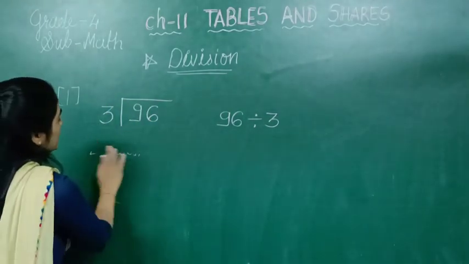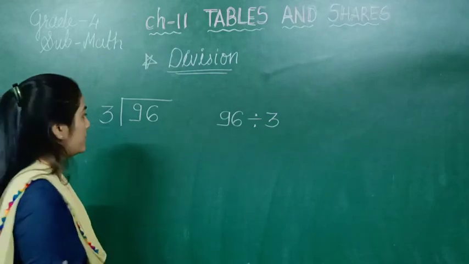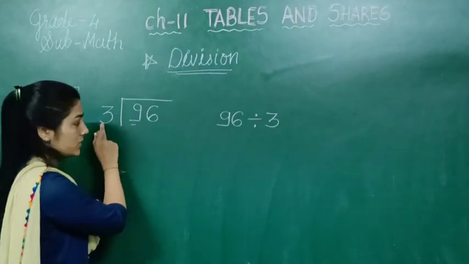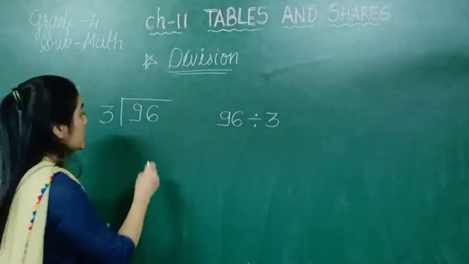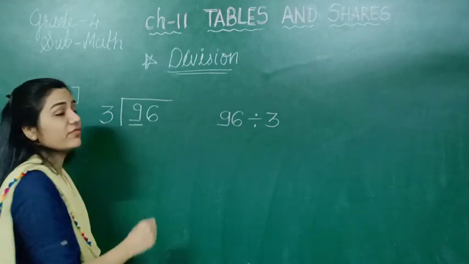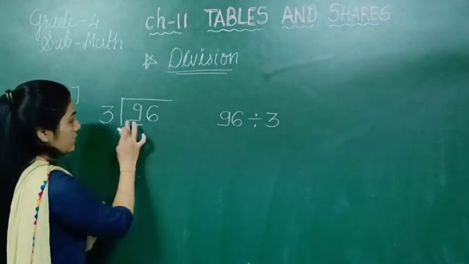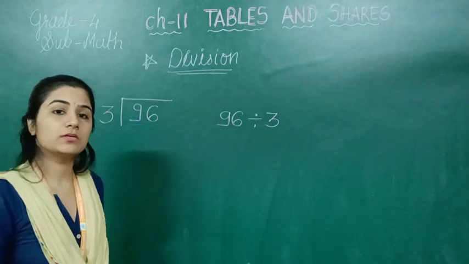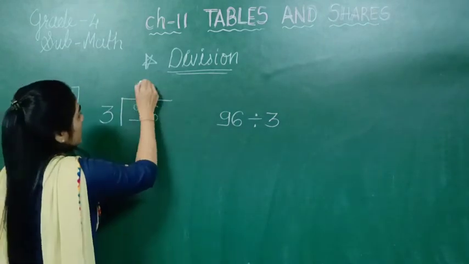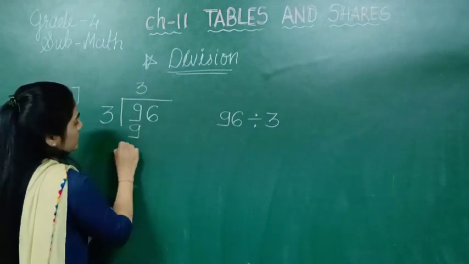Now first we start with the table. 3 is given, so with 3 we are dividing. We take only the first digit, which is 9, because in the table of 3, 9 is coming, that is 3 3s are 9.